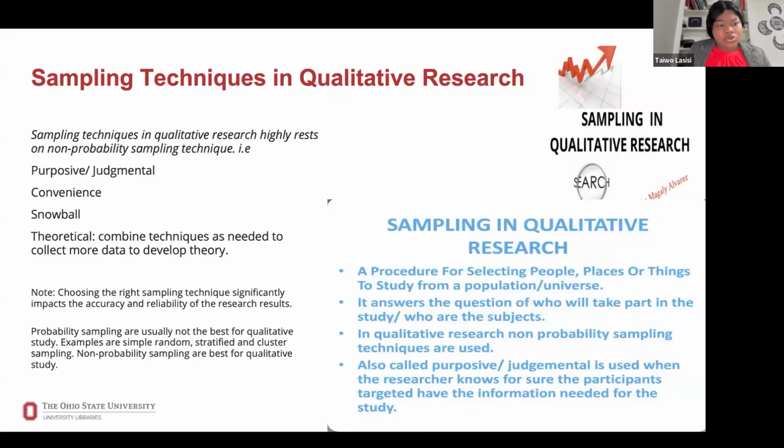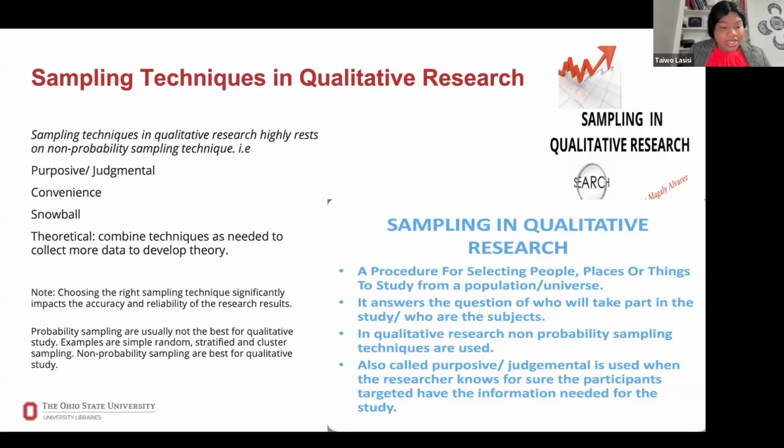Or you can come through it using convenience sampling. Now you're doing this research according to the participants you're able to access. You just go with anyone you are able to find, based on the confines of your research, and use them as your participants.